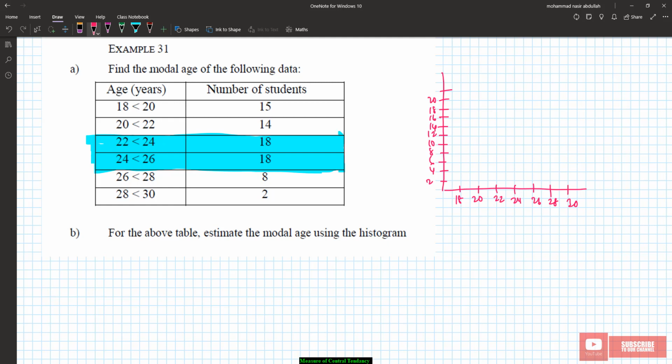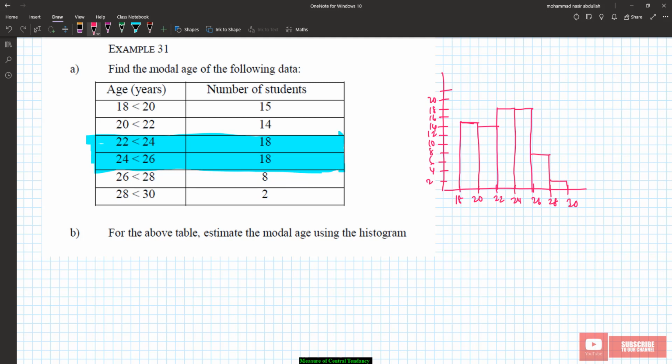For 18 to 20 we have 15, so let's say we draw 15 somewhere here, and then 14 should be somewhere here, and then 18, the next one is 18, and the next ones are 8 and 2.